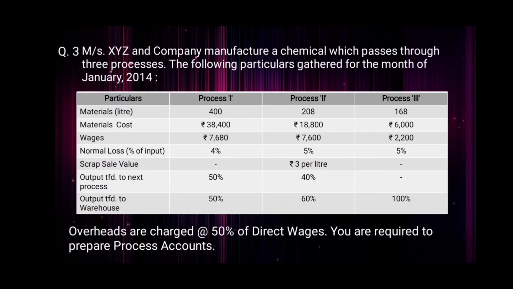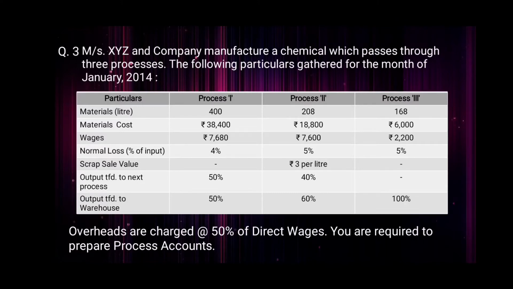So let us start with question number 3. Messrs XYZ and Company manufactures a chemical which passes through 3 processes. The following particulars were gathered for the month of January 2014.